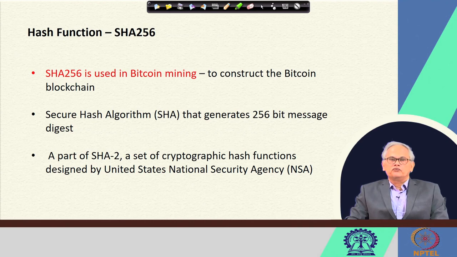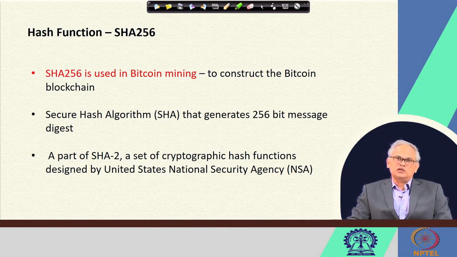We are now going to focus on SHA-256. It is important because it is used in Bitcoin mining, and it is the main idea behind the construction of Bitcoin blockchains.